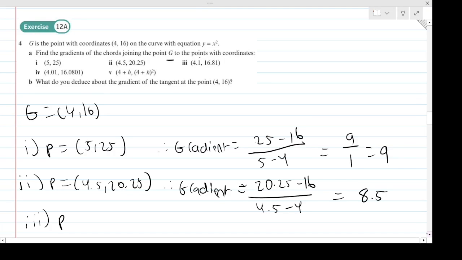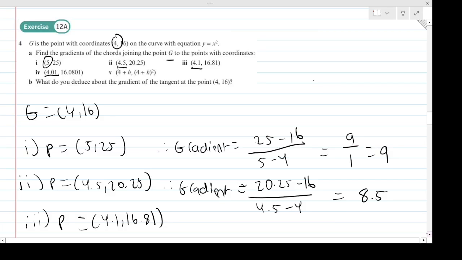Okay, for the next part, P is now (4.1, 16.81), and again, hopefully you notice it's the same pattern, the same sort of question again. I'm starting at 5 for x, but now I'm shrinking to 4.5, 4.1, and the next bit's going to be 4.01. You notice it's going towards 4, so G is at 4 for x.